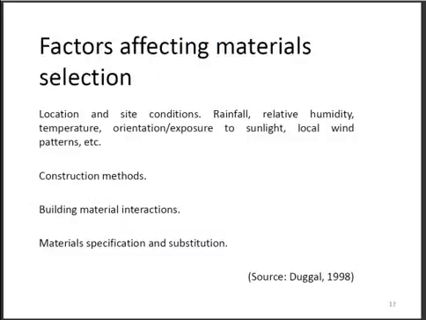Knowing the incompatibility of building materials and their properties, there are some other things you should also know, such as factors affecting material selection. Location site conditions such as rainfall, humidity, temperature, exposure to sunlight, local wind patterns, or pollution of air and water will all affect your material selection.